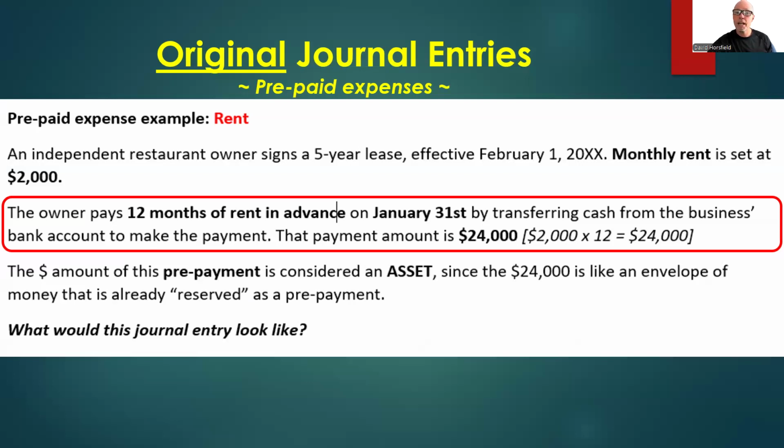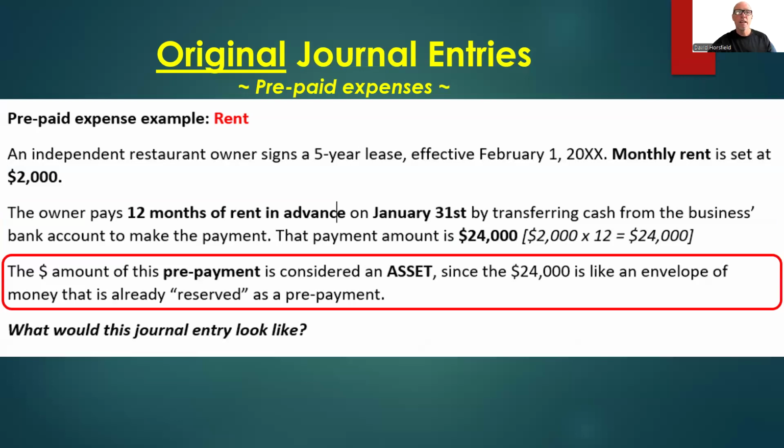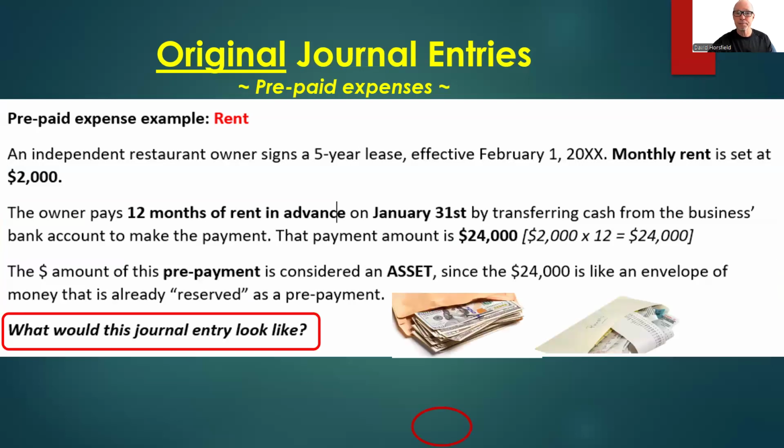If the rent is $2,000 a month, $2,000 times 12 months means that the business owner is paying $24,000 the day before they take possession, to get the keys to be able to get in there. This prepayment, that $24,000, is considered an asset, since the $24,000 is like an envelope of money that's already reserved as a prepayment, right?